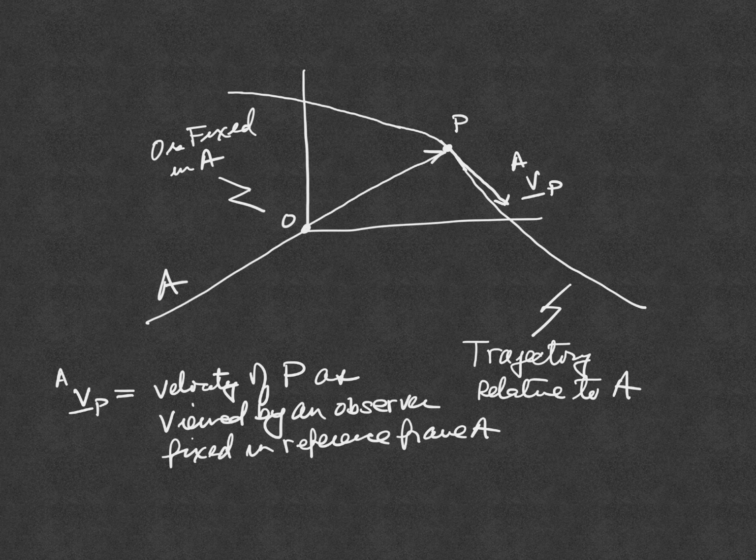Now, suppose we take that velocity and we divide it by its magnitude. So I'm going to define a vector. I'm going to define this vector to be E sub t.